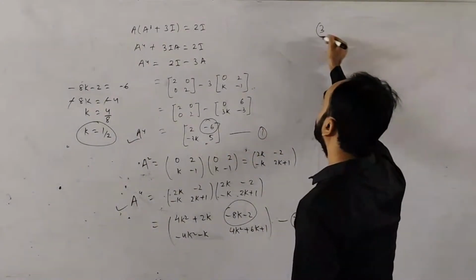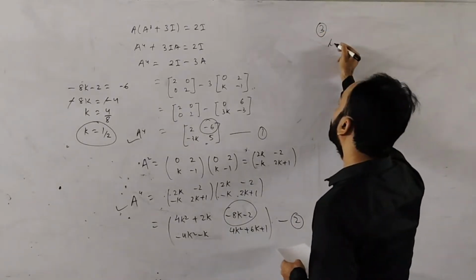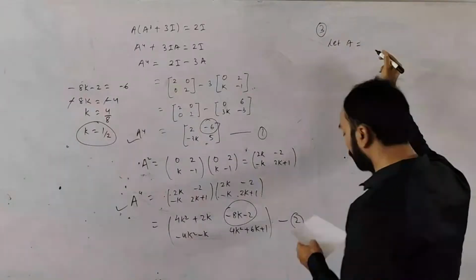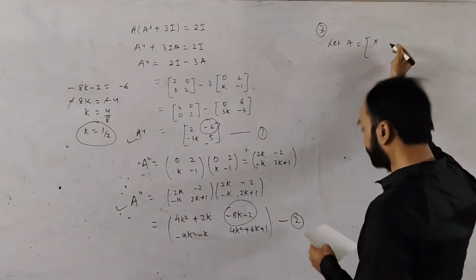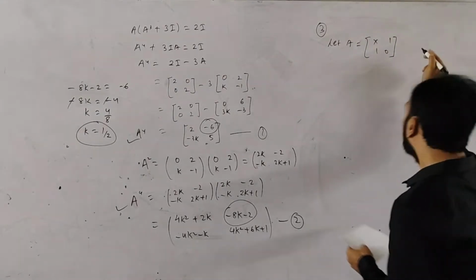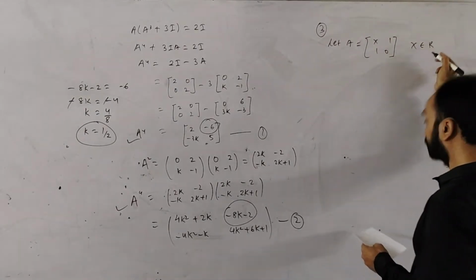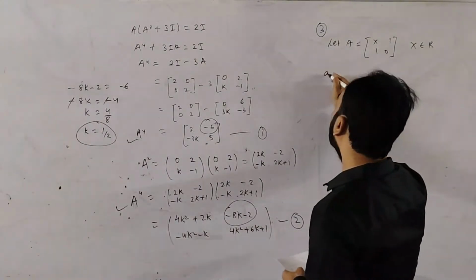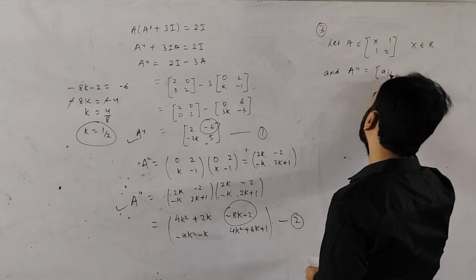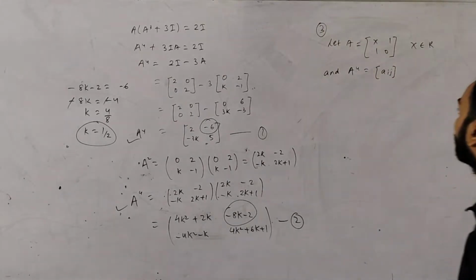So problem number 3 is, let A is equal to x 1, 1 and 0, x belongs to R, and a to the power 4 is given at, right?